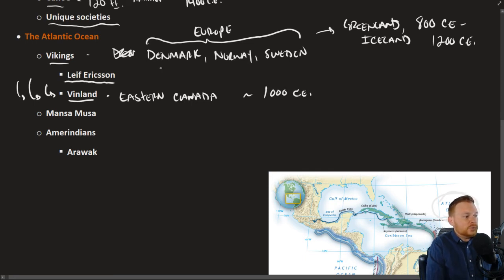Leif Erikson was the Viking responsible for the Vinland colony.